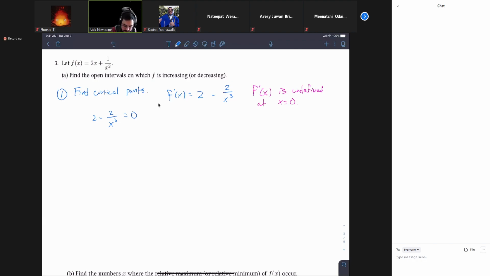Add this term to both sides. Or, if you want, you can divide by 2 to begin with. But maybe I'll do a little bit more than I did last time. So add this thing to both sides. All right, multiply it over. Divide by 2. Take a cube root. x should be equal to 1.